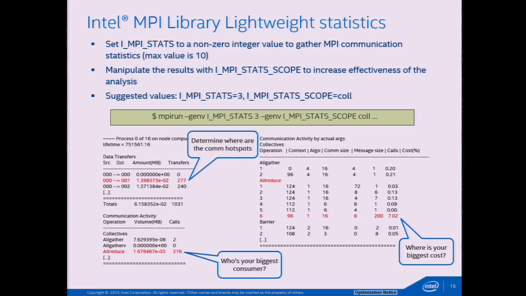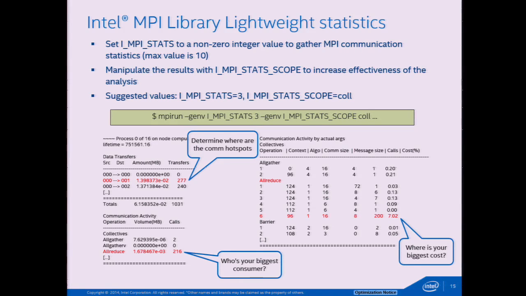But you can enable it to print everything out to a regular text file by setting the I_MPI_STATS environment variable. The higher the value, the more details will be made available to you in the final text output. It only goes up to 10, so 10 would be the highest.